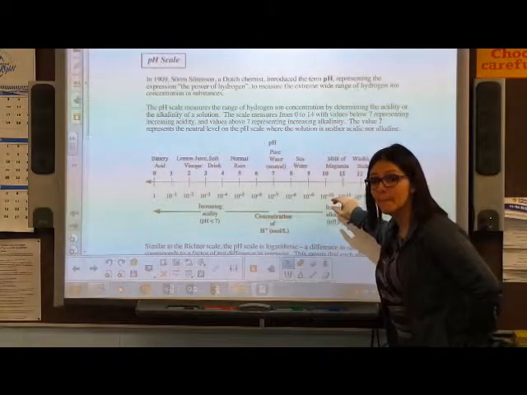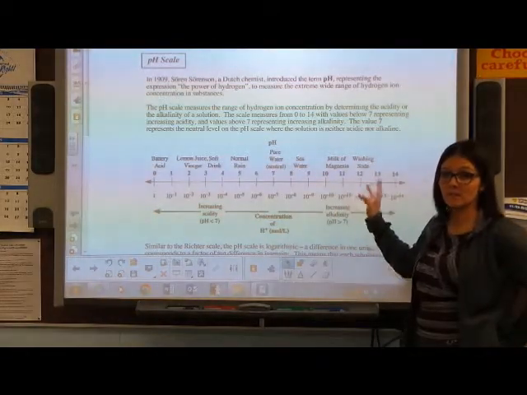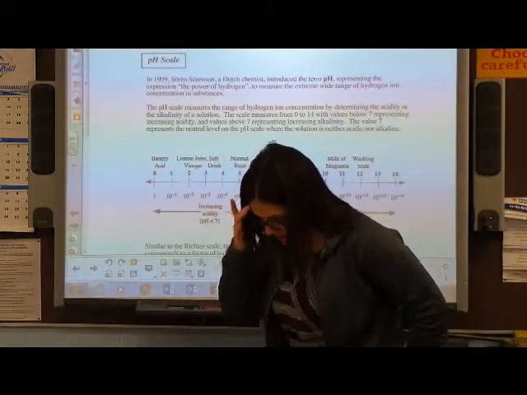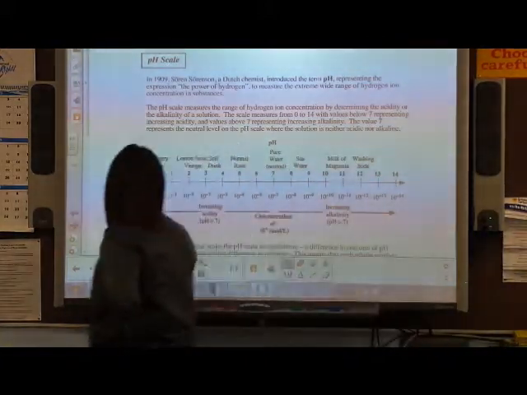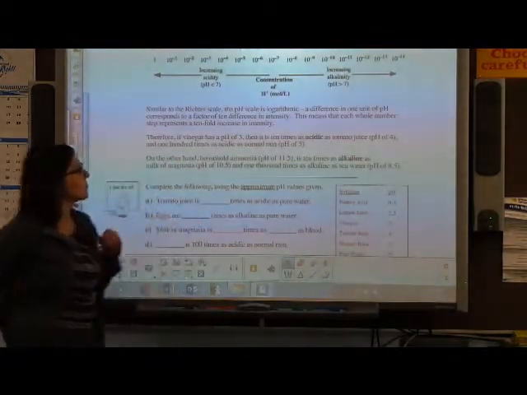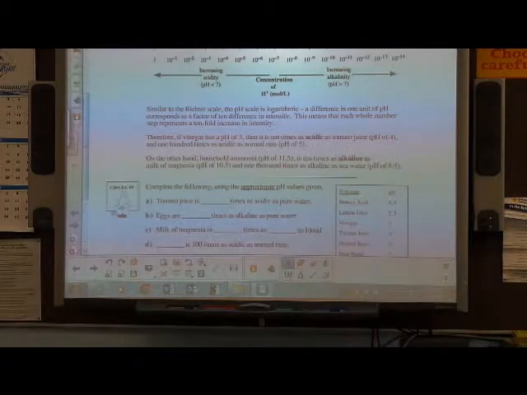Pardon? The washing soda. The washing soda. Okay? So then it says, therefore, if vinegar has a pH of 3, it is 10 times as acidic as tomato juice, which has a pH of 4, and 100 times as acidic as normal rain, which has a pH of 5.